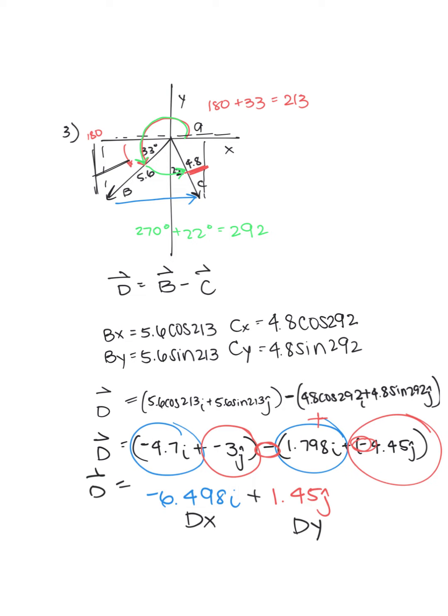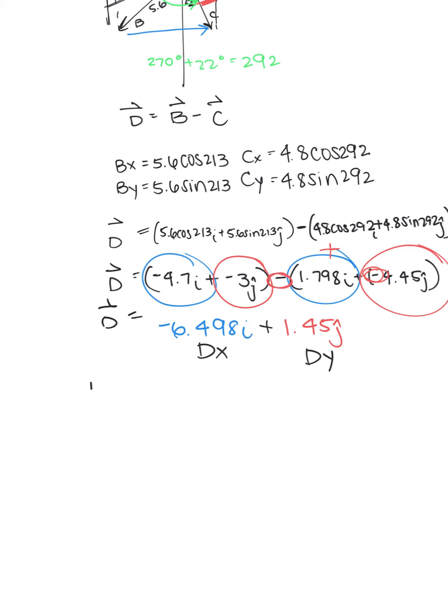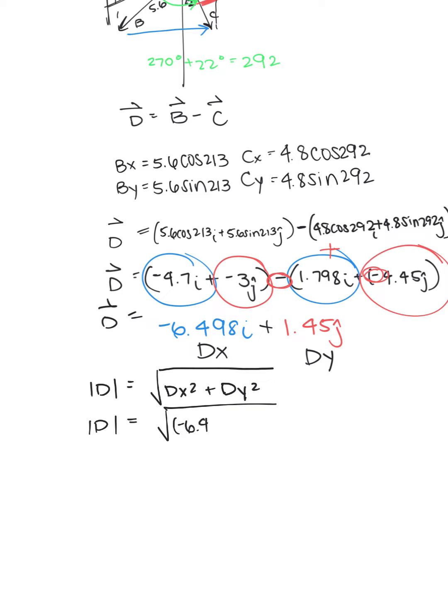With this information, we can find the magnitude of D, which is D of X squared plus D of Y squared, square rooted. So we'll plug in our values, negative 6.498 squared plus 1.45 squared.